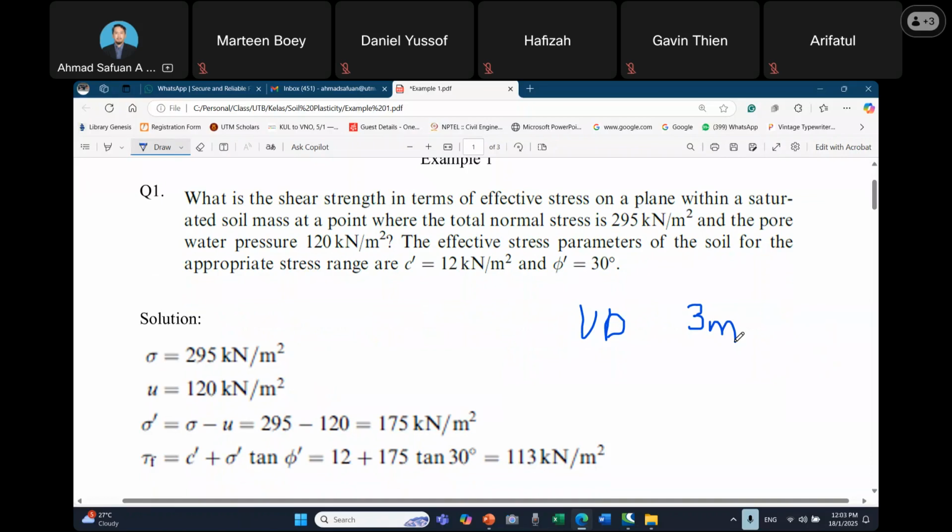For example, if we retrieve the soil at 3 meters deep, the confining pressure we can suggest is 3 times the unit weight of the soil, which is gamma.